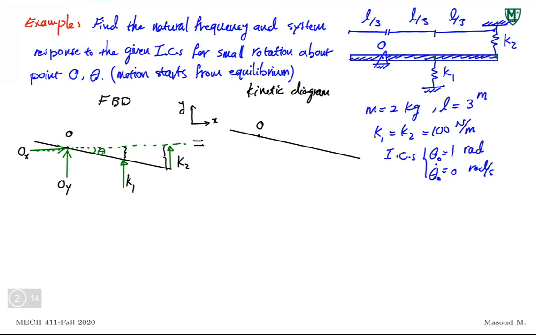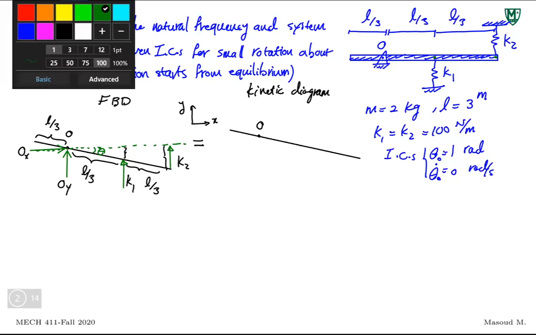I know this length is L over 3, this one is L over 3. That's the distance between where the spring is and the point that the rotation is around.